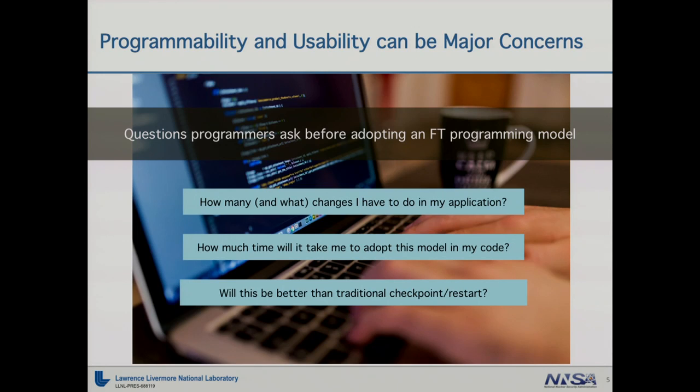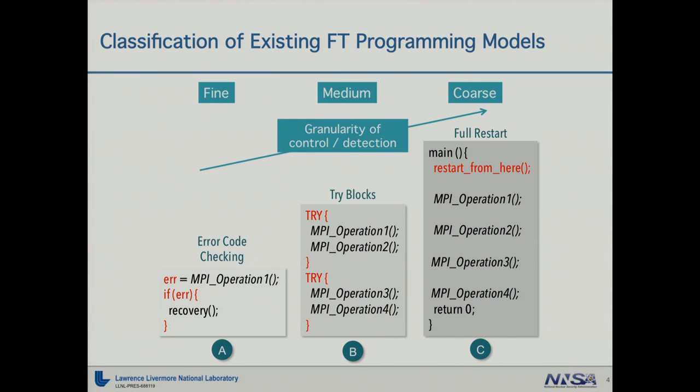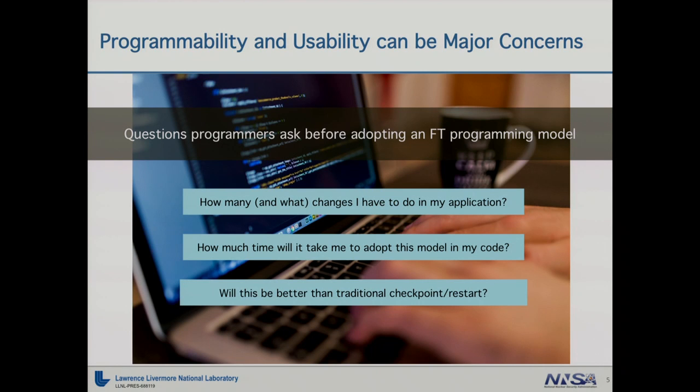So when we take these classes of programming models for fault tolerance and present them to our programmers, and when we also talk to other scientists in other labs, the main concern is the programmability and usability of all these techniques.